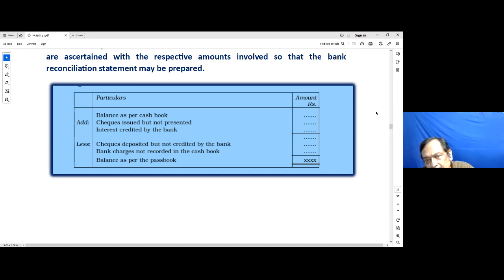These are the examples I'm giving. And ultimately, balance as per the passbook, we generally derive.